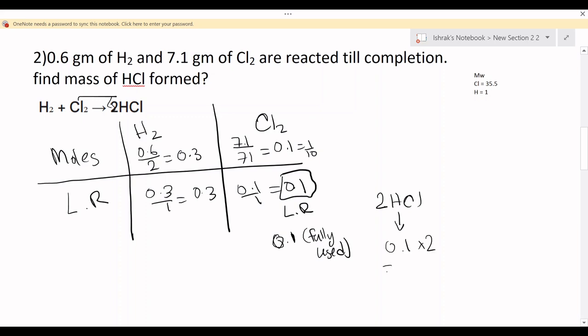Now to find the weight, 0.2 is my moles, and I would write moles times the molecular weight. The molecular weight is 35.5 plus 1, so 36.5. So you can do the calculation. Got the gist of it.